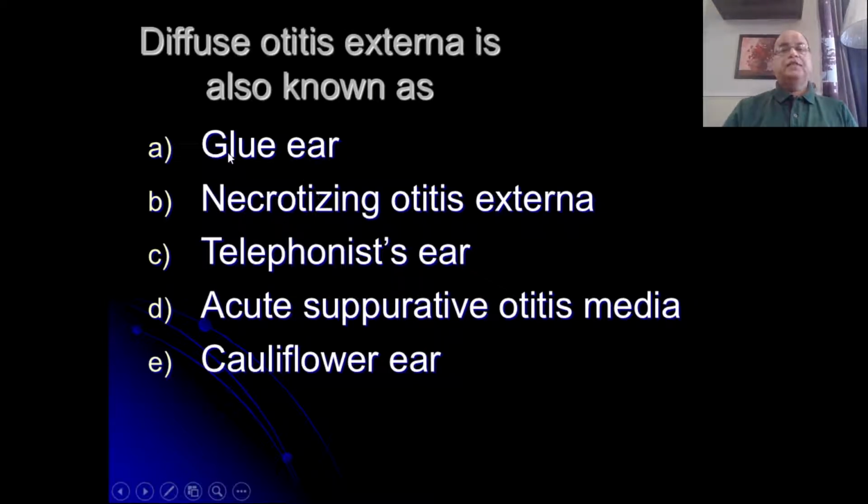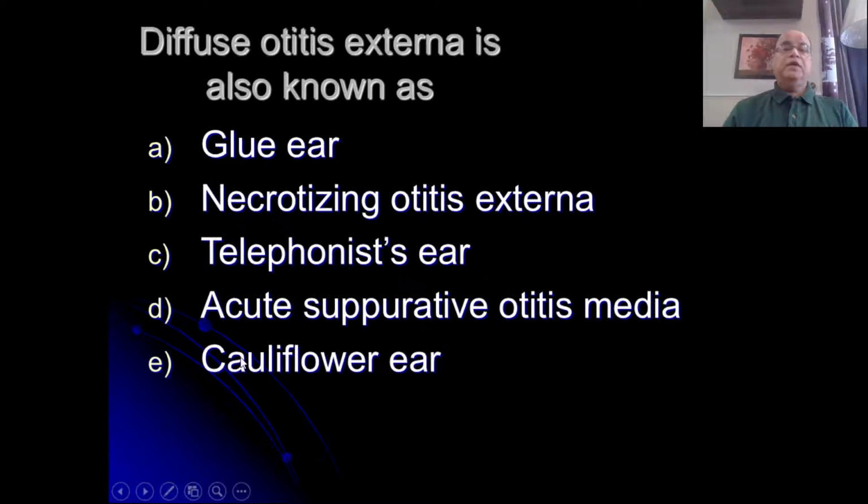For example, in this case, glue ear we know is a middle ear condition, and most commonly it is called otitis media with effusion or secretory otitis media. Necrotizing otitis externa is a separate entity in the external ear. Acute suppurative otitis media, as the name indicates, is a condition of the middle ear, so nothing to do with the external ear.